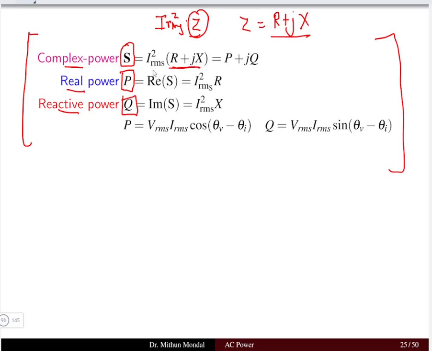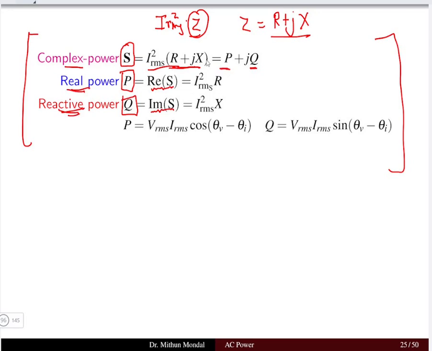Now this is a complex quantity which we can break up into two quantities. One is the real part, another is the imaginary part. The real part of the complex power is basically the real power. The imaginary part of the complex power is basically the reactive power.